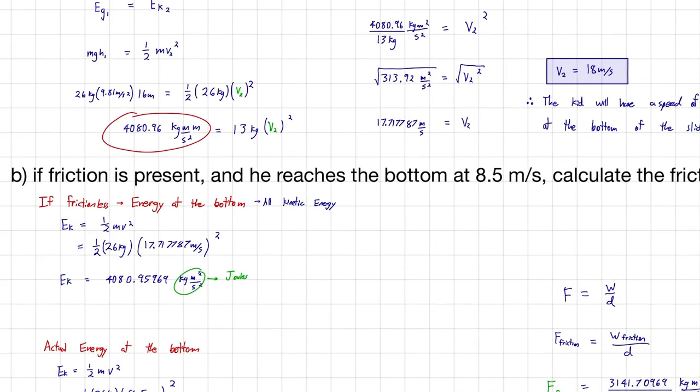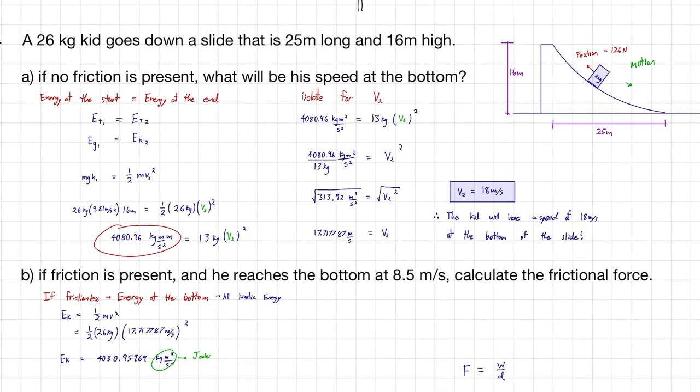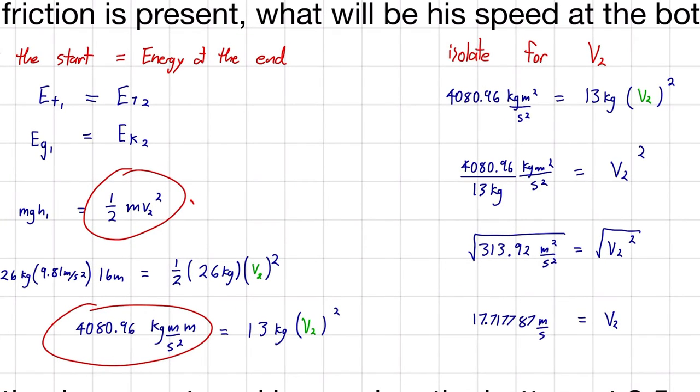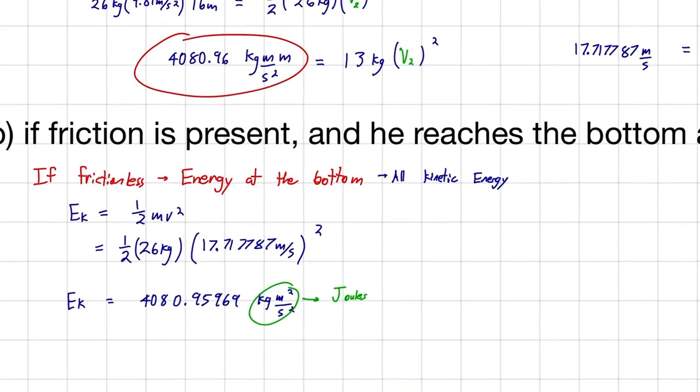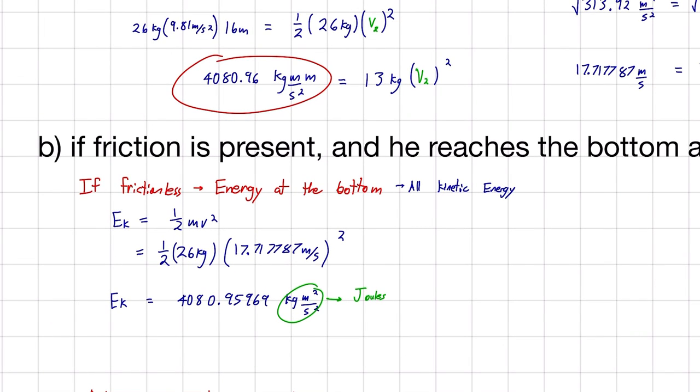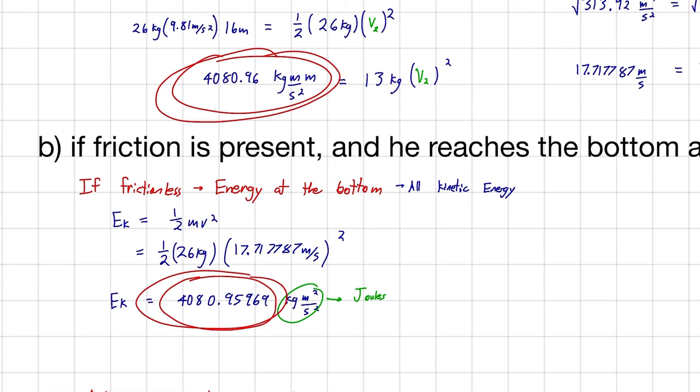And in our first example, there was no friction, so all of that energy got converted into kinetic energy, and all we had to do was solve for velocity. As you can see, when there was no friction, our energy at the bottom was exactly the same as our energy at the top.